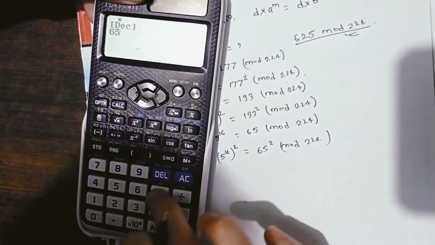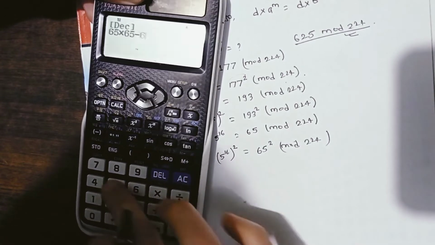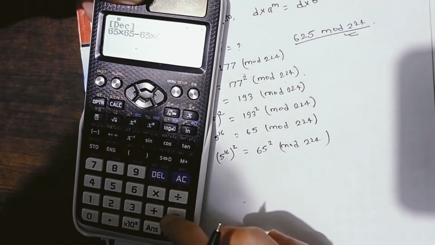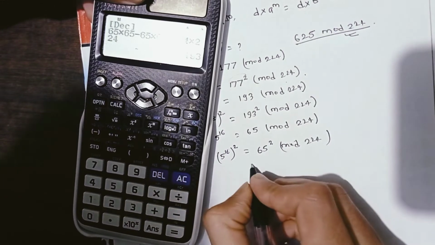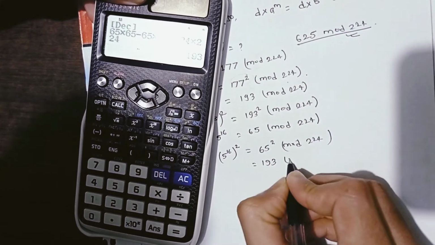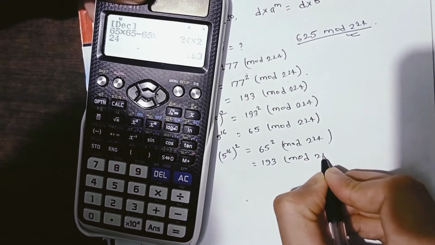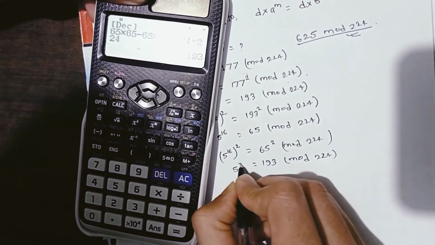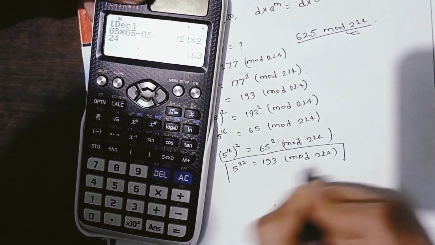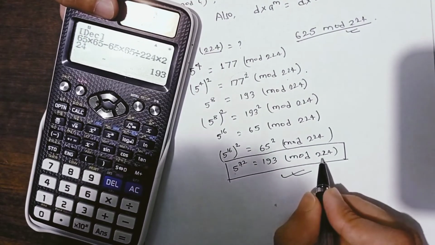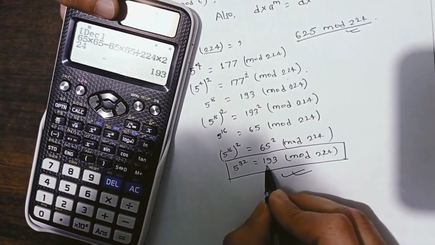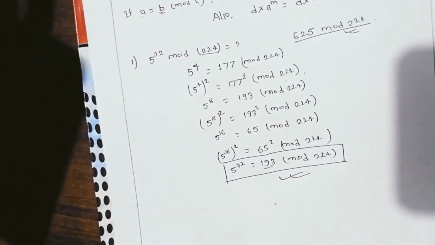Similarly, 65 into 65 minus 65 into 65 divided by 224 into 224 will be 193 mod 224. So when 5 to the power 32 is divided by 224, the remainder will be 193.